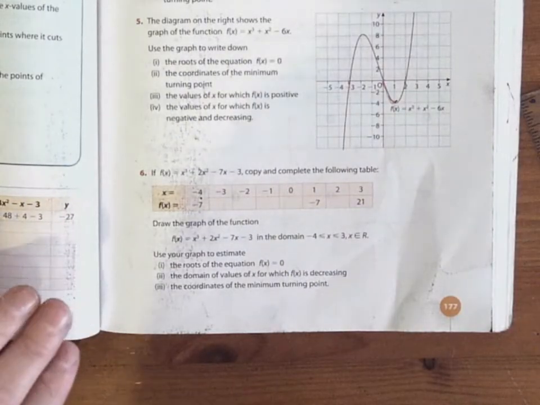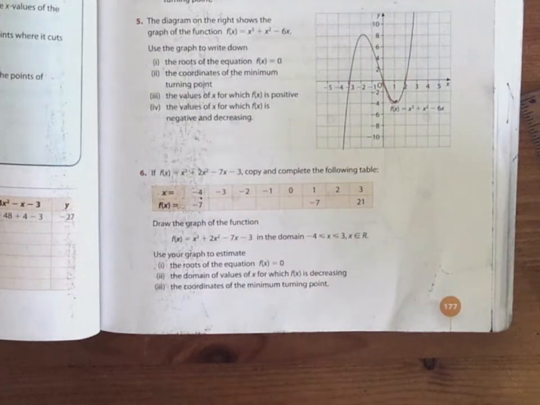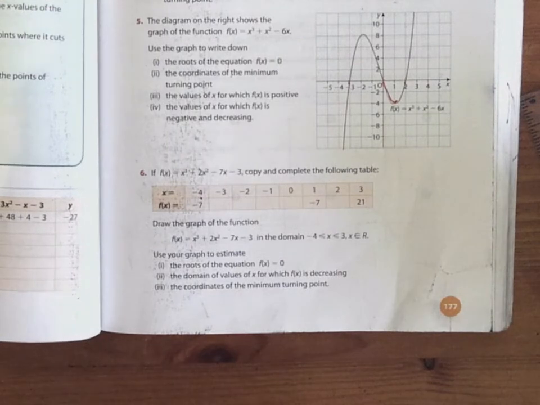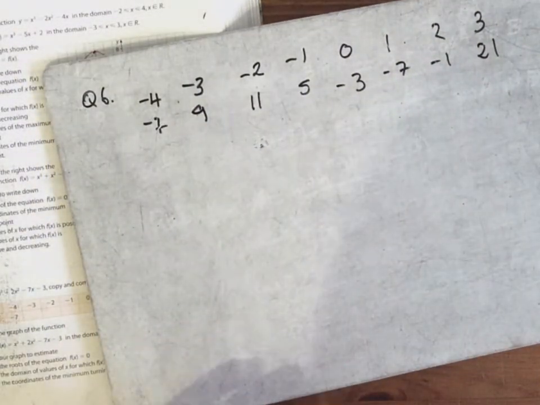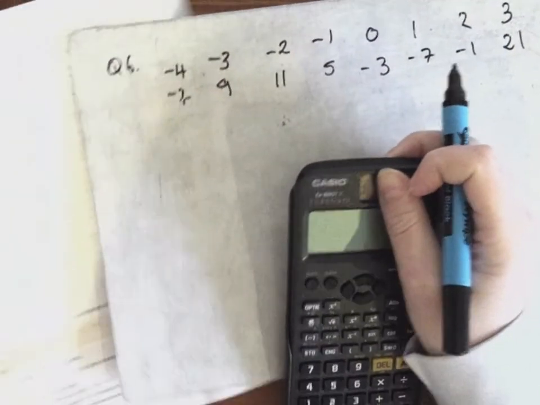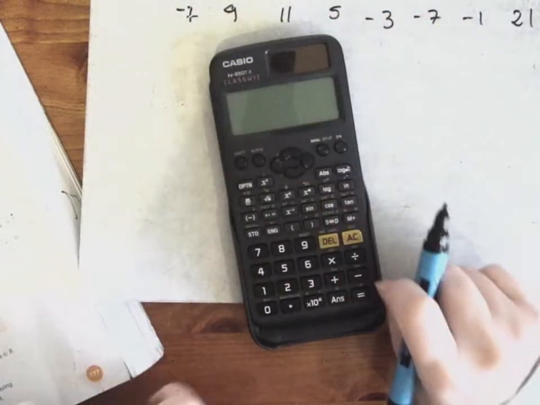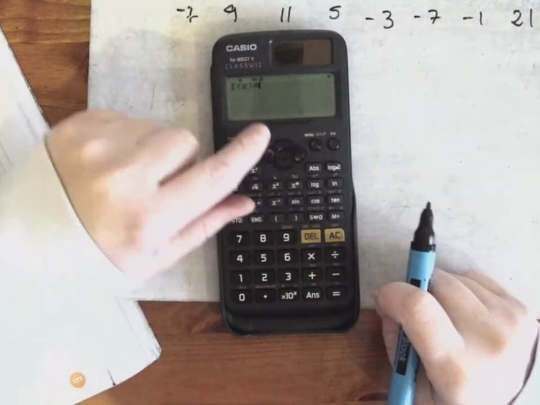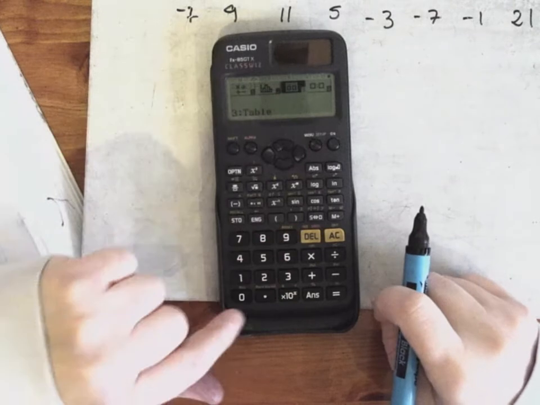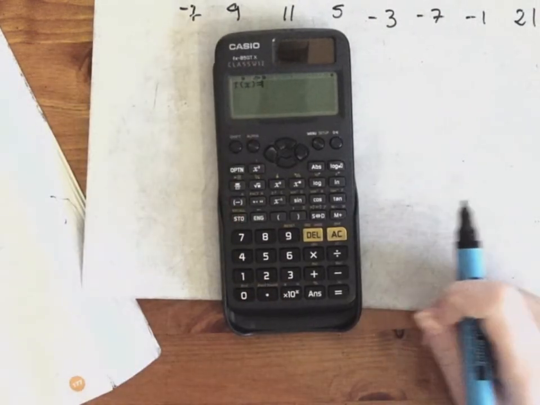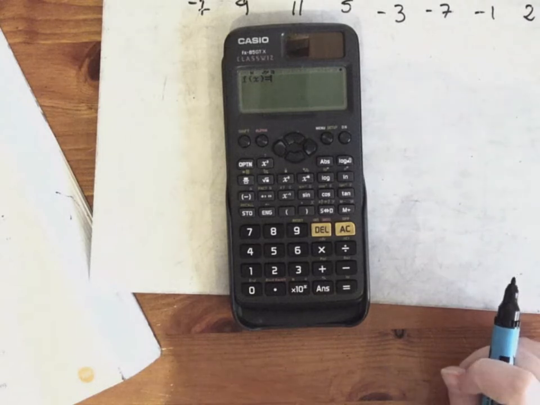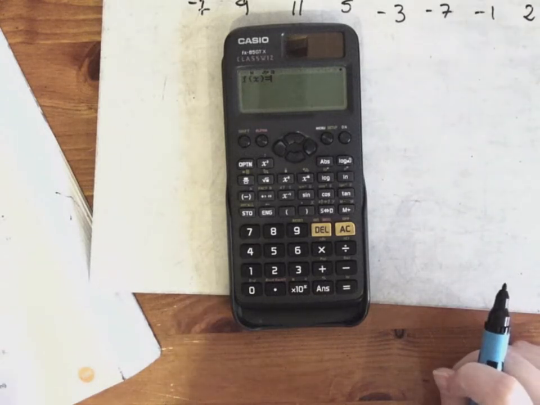Now, number 6 you had to draw it yourself. Number 6 gave me the table and said fill in the values. I'm going to do it on the calculator, just to remind you how to do it. You press mode, then you press 3, and you get f of x equals. Then you type in x cubed.